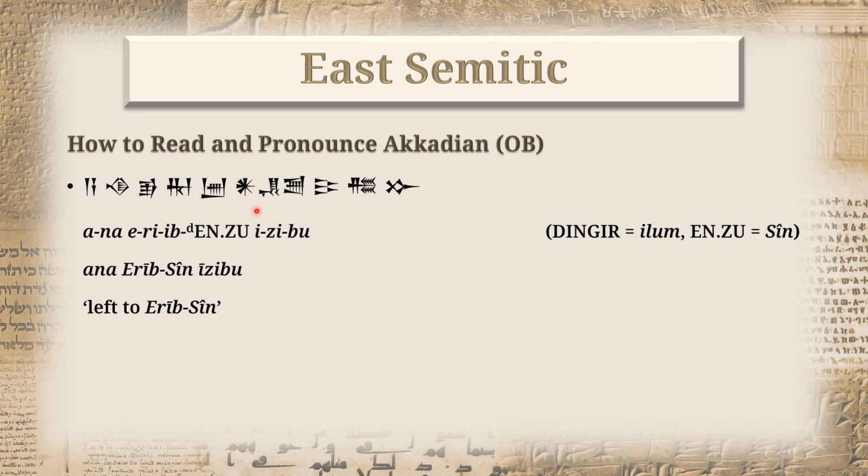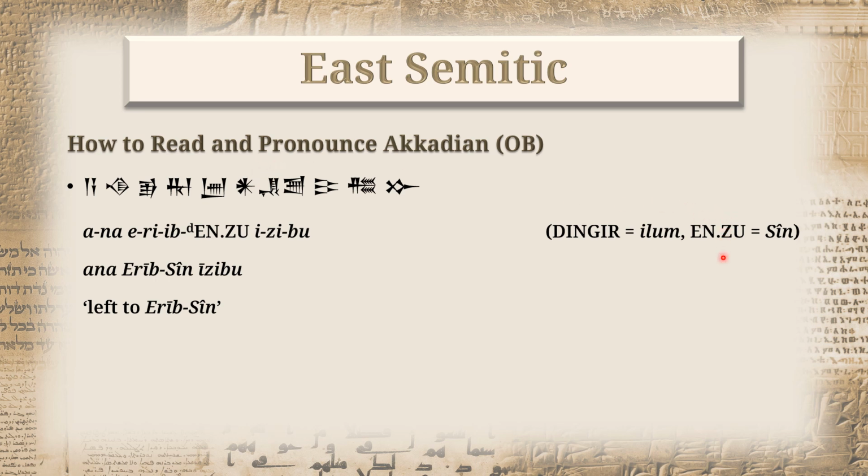They are not read, they are just there to tell you what follows is a proper name, a name of a deity, a place name, or something like that. Okay? So this deity determinative is followed by 2 signs, en and tzu.